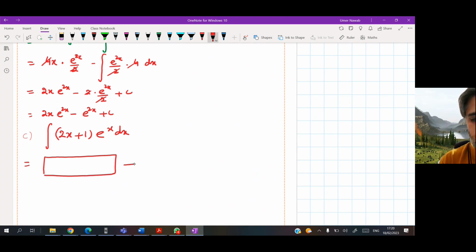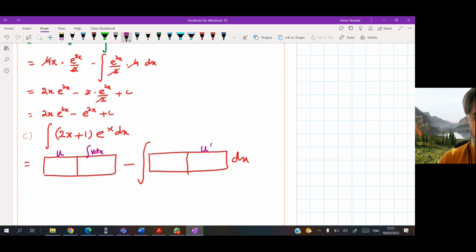Let me make the two boxes: u prime, integration of v. U as it is. This is u and this is v.